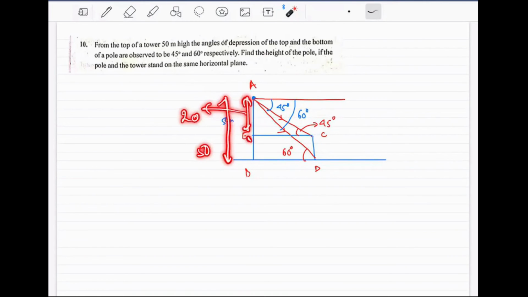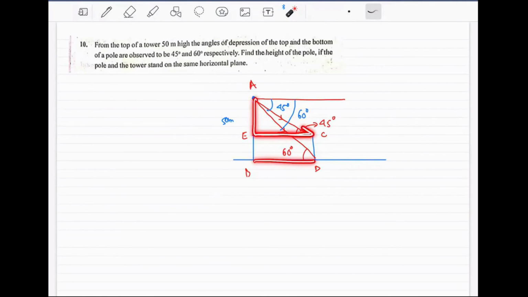That means how much is the difference, this portion right here? It will be 50 minus 20, isn't it? 30 meter. So that way, we are going to find out BD and it will be equal to CE. And when you take this triangle, you will be able to find out AE. We will subtract AE from AB. We will be able to find out this portion right here, which will be equal to the CD.